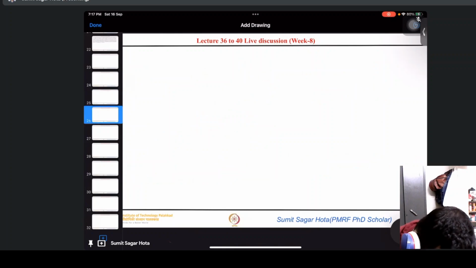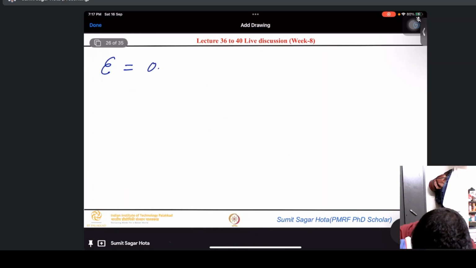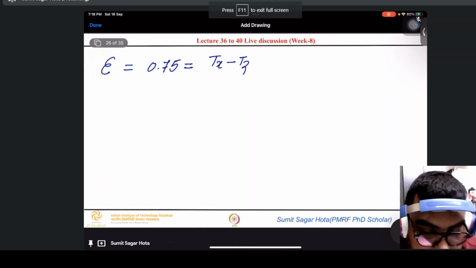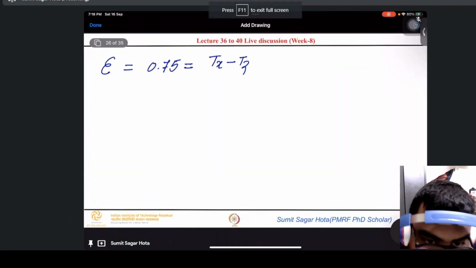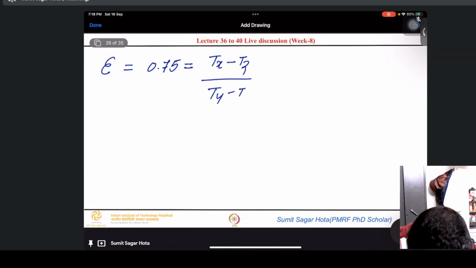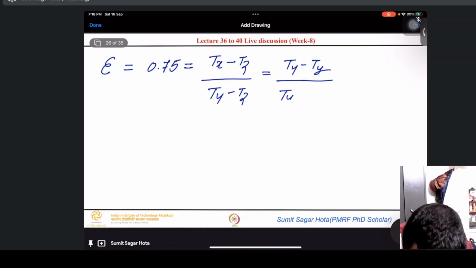Okay, so epsilon is equal to 0.75 equal to Tx minus T2 divided by T4 minus T2, which is equal to T4 minus Ty divided by T4 minus T2.